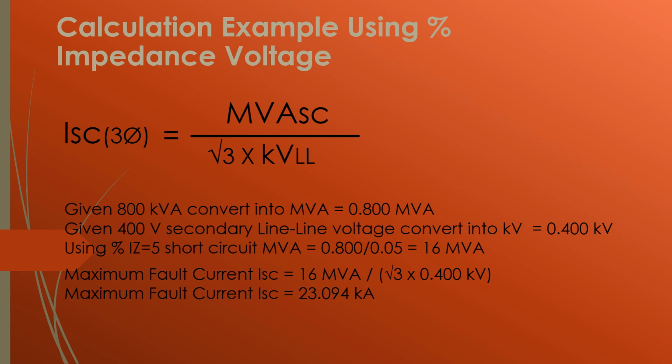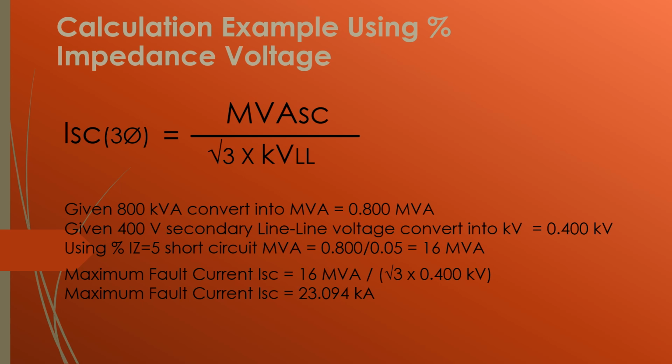And using the percent impedance voltage, or percent Z, which is equal to 5%, short circuit MVA we get 0.8 MVA divided by 0.05. This 0.05 is the per unit equivalent of 5% impedance voltage.